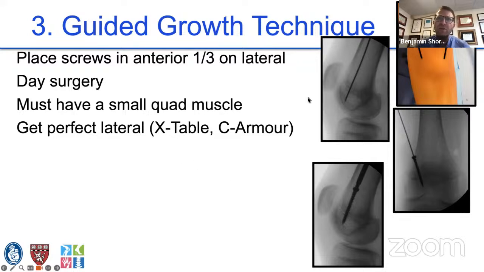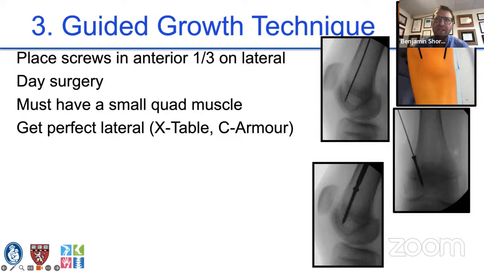So if you look at this lateral view here, hopefully you can see my cursor. Often there's an undulation kind of at the mid-sagittal plane on the distal femur that you can see here. So the screws need to be anterior to this part. And, you know, they're described as being relatively vertical.